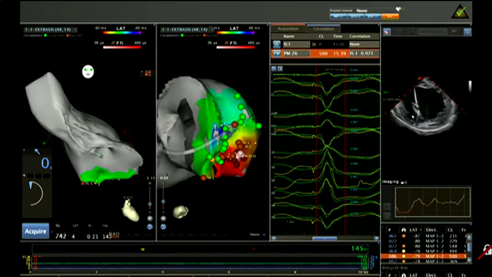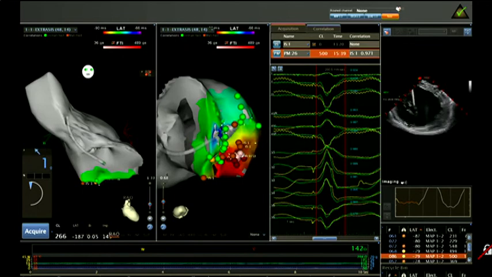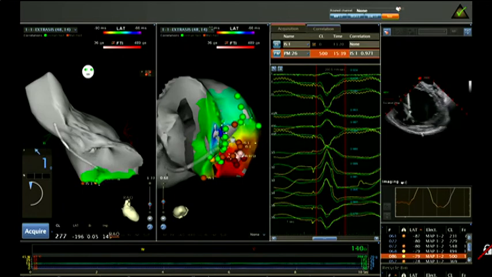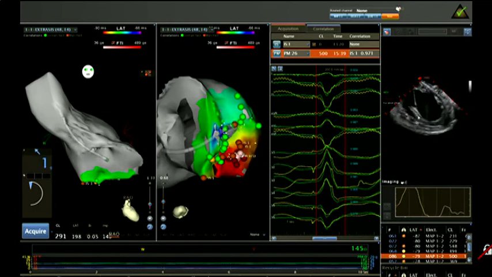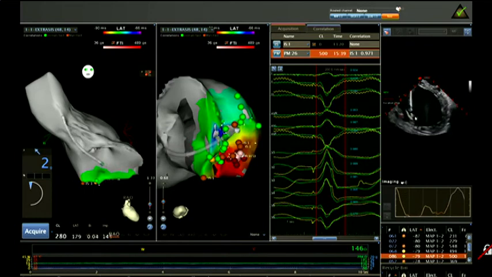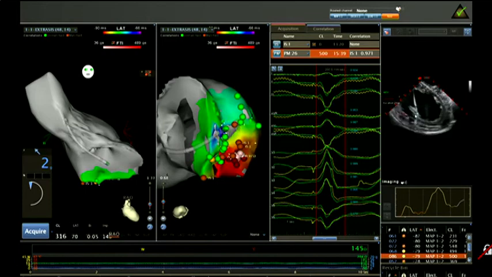The mapping of intracavitary structures is critical to be able to differentiate whether you are touching them or, like in this case, you are touching with that catheter the free wall next to the papillary muscle, because you must assign the activation and the pace mapping points, whether in the papillary muscle or the free wall. That's why the green tip of the software is very important, because it identifies the tip of the catheter.